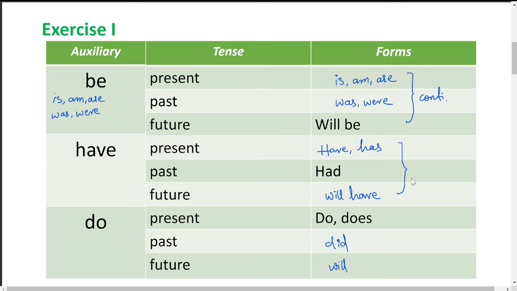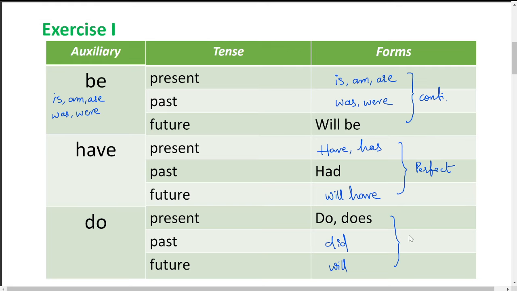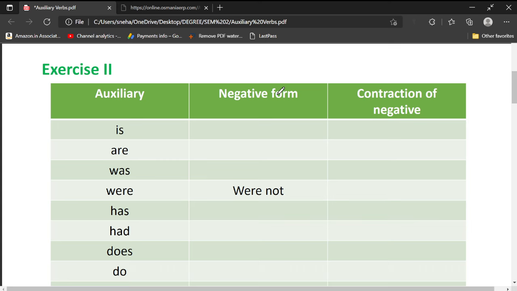These are used in the perfect tenses. Next, do, does, did, and will. These are the do forms which we use in the simple forms, that means simple present, simple past, simple future. Next, let us move to exercise 2 here.